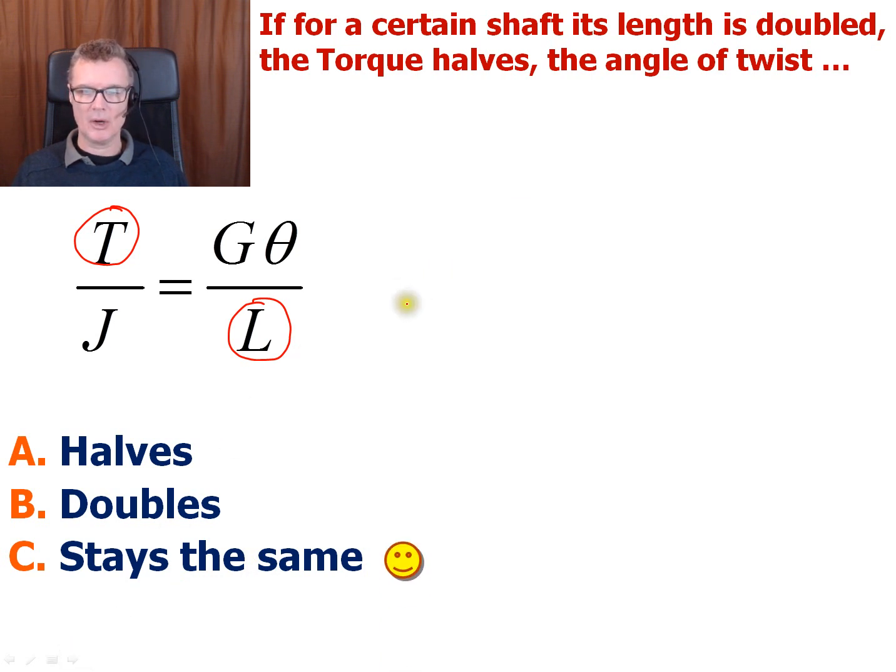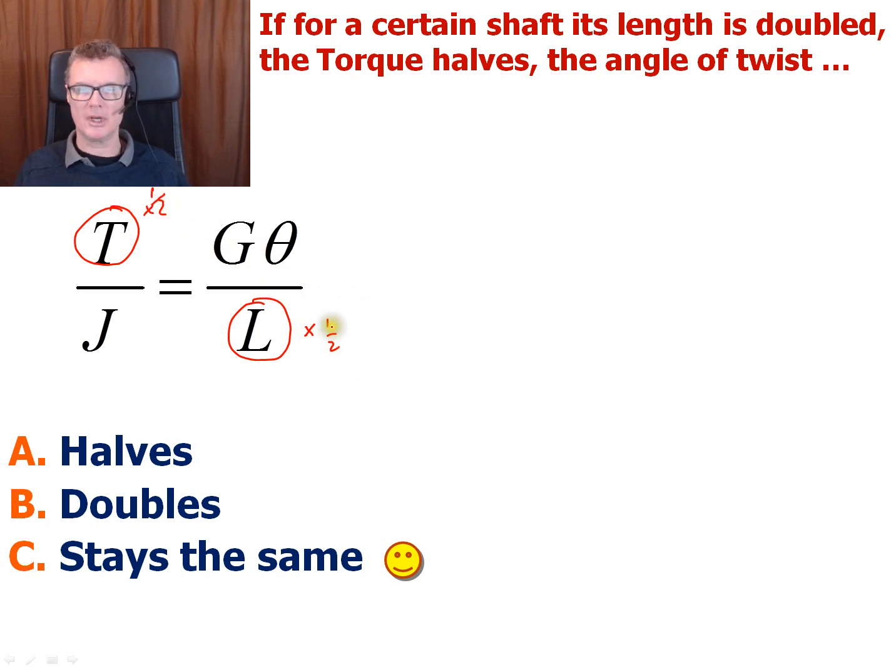Okay. Hopefully you could see the answer straight away would be that it stays the same, because if this is going to go up twice, that's going to get twice as big. This is going to get, sorry, no, the torque halves, isn't it?